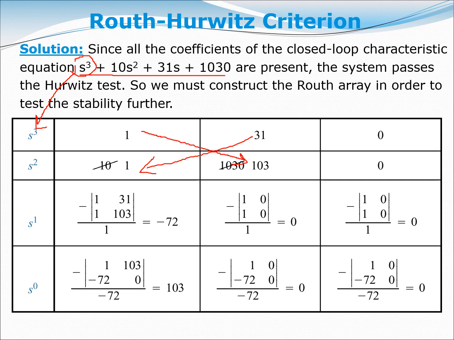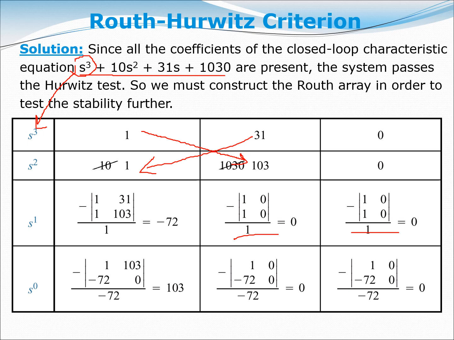In this slide they simplify: 10 all divided by 10, so it becomes 1, and also 103. So 31 minus 1 times 103 divided by 1. And you can also do the same for the second row, third column, and then the fourth column here. After you finish all the calculations, you put all these values in.